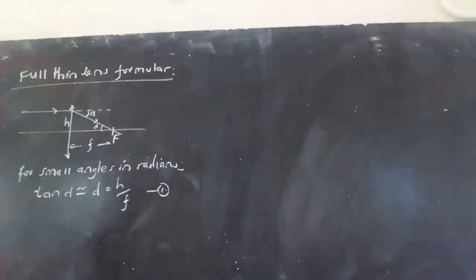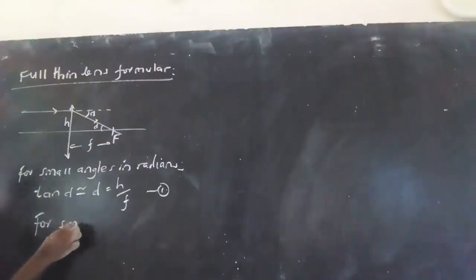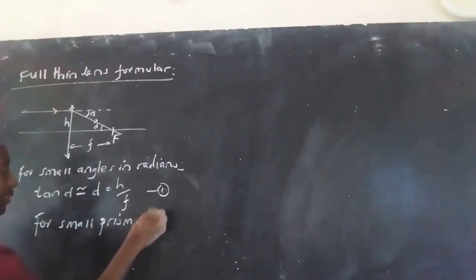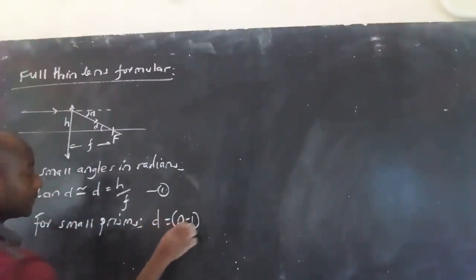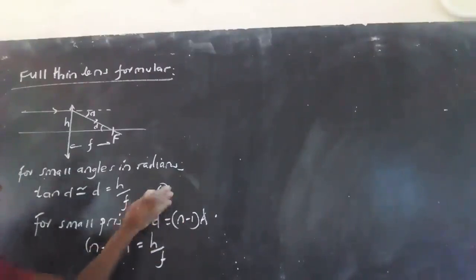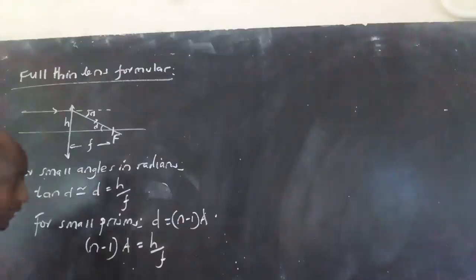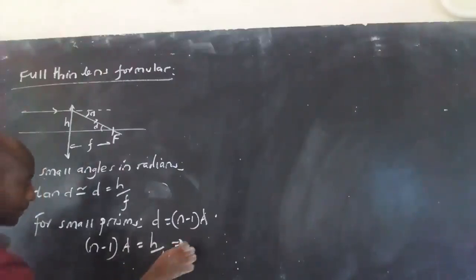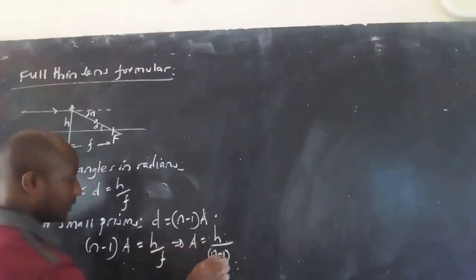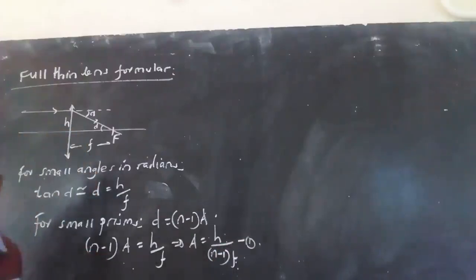But for small prisms, deviation is given by n minus 1 times A. So that means n minus 1 times A should give us H over F. So that implies that our F will become H over n minus 1 times A, equation 1.